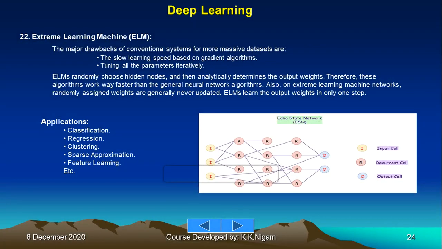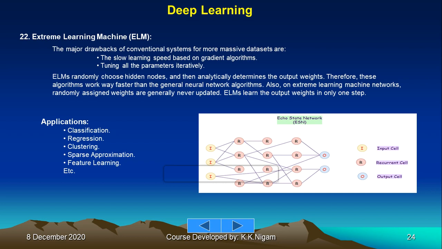Now, extreme learning machine, that is ELM. The major drawbacks of conventional systems for more massive data sets are the slow learning speed based on gradient algorithms, tuning all the parameters iteratively. ELMs randomly choose hidden nodes and then analytically determine the output weights.